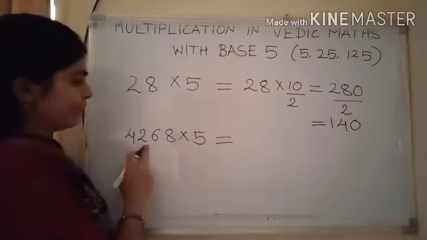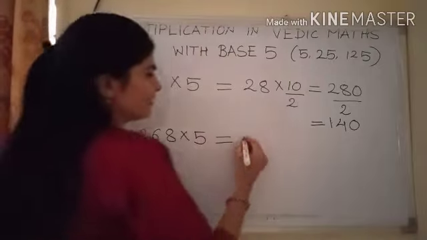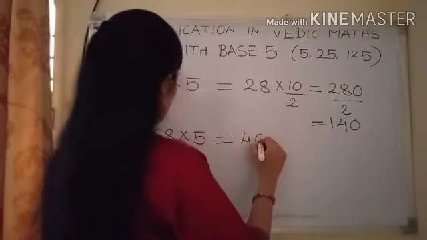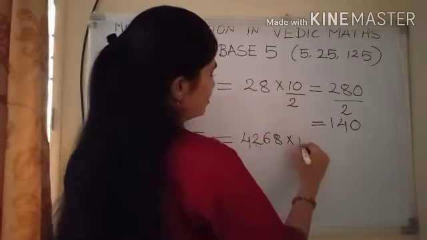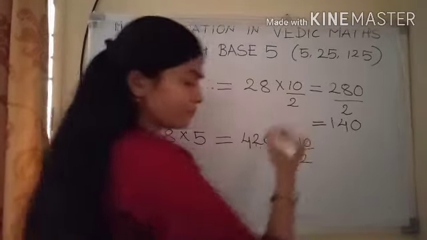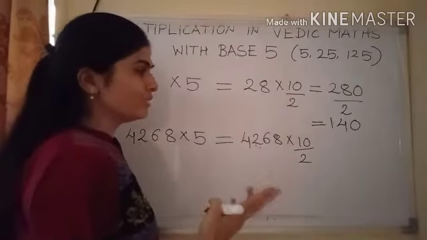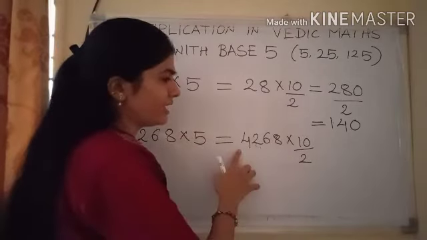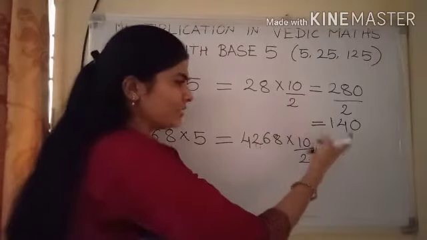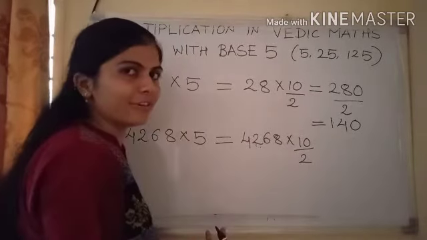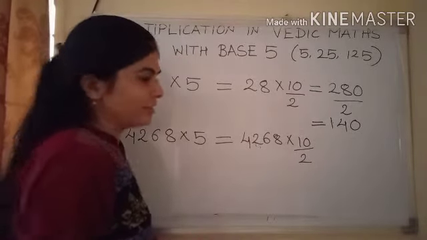Now next is 4268 into 5. What we can do? 4268 into 10 divided by 2. You can do it in two ways. Either you make it half first, then multiply it by 10, or first you multiply it by 10, then make it half. Choice is yours.